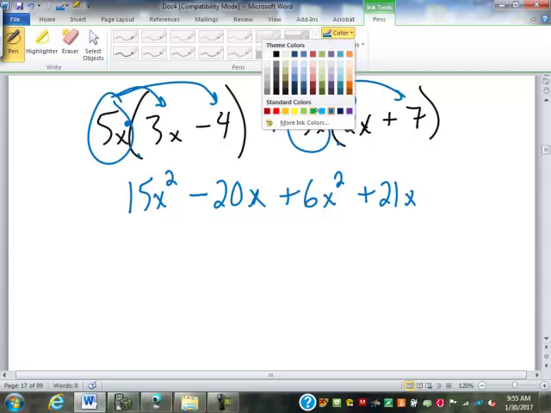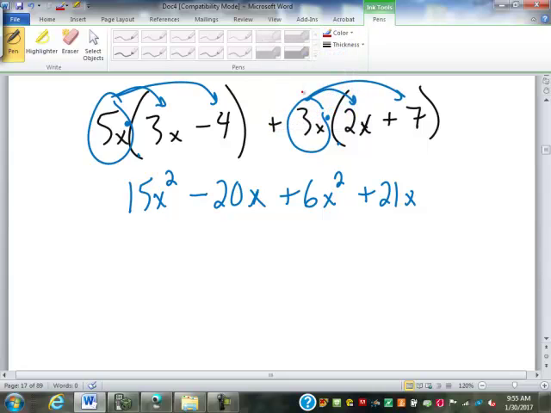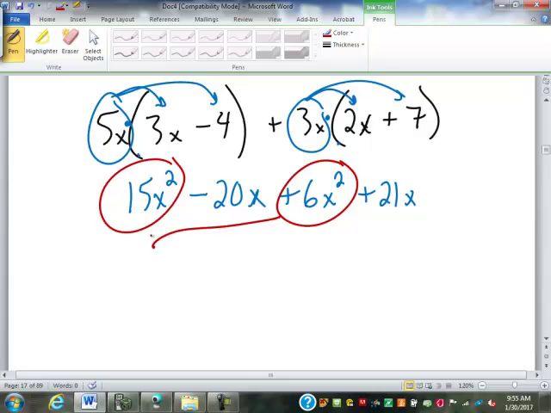Good. Now what? Combine 15x squared and 6x squared is 21x squared. When we add or subtract, we keep the same name. So it stays x squared. And then negative 20x and positive 21x plus 1x, or just plus x.